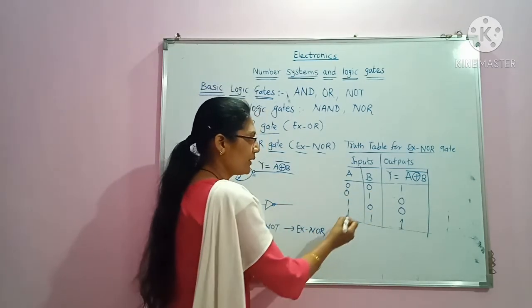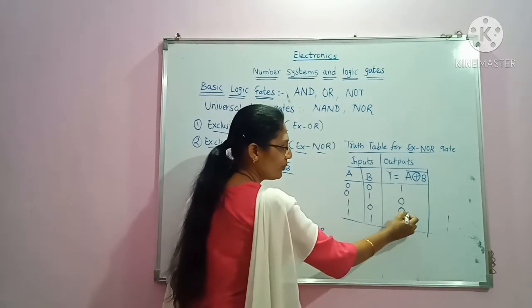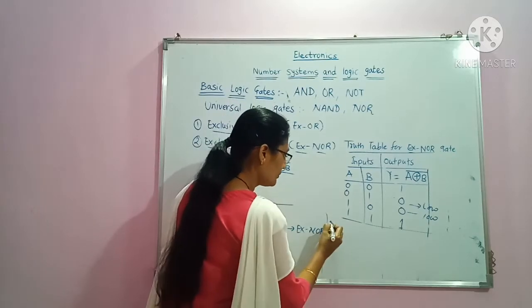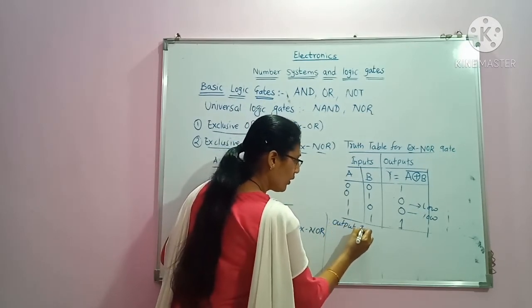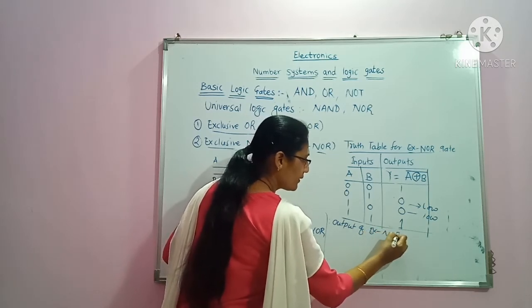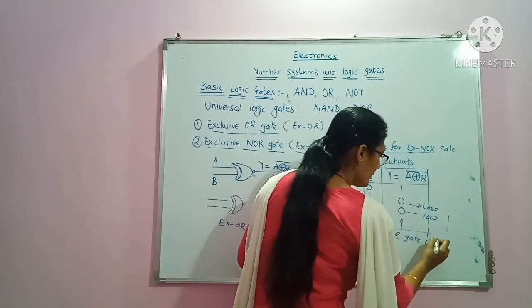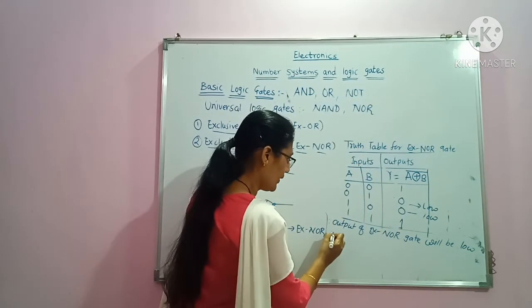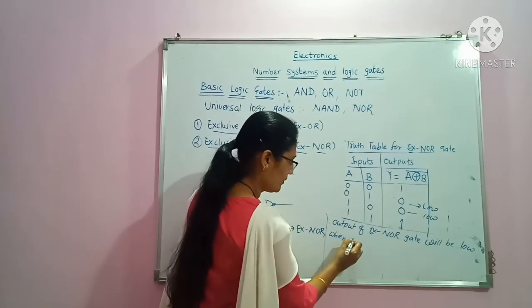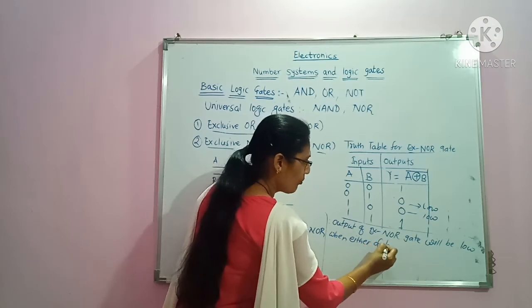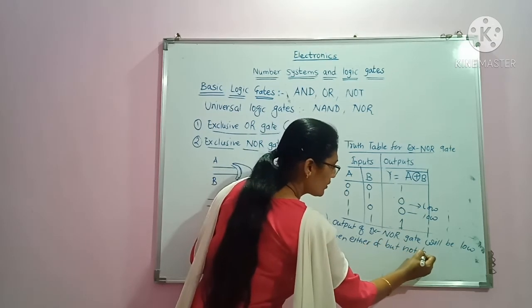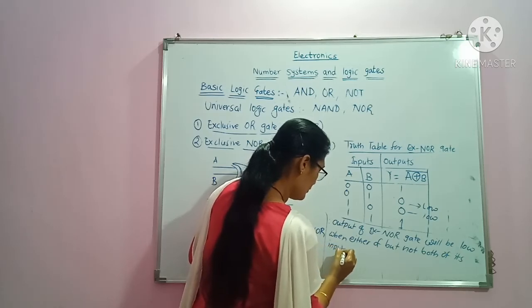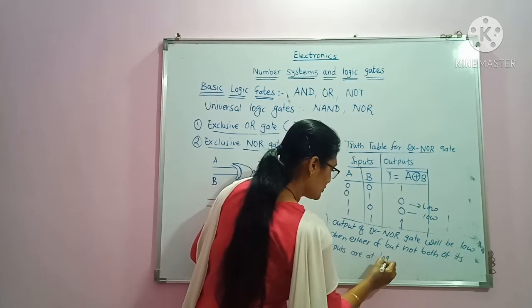Then what one can conclude? The output of exclusive NOR gate will be low when either of, but not both, of its inputs are at logic high.